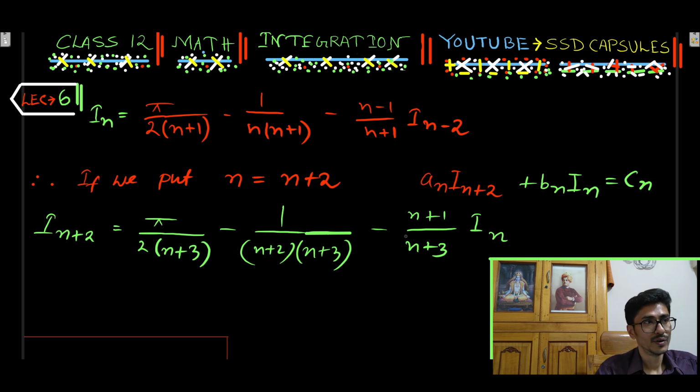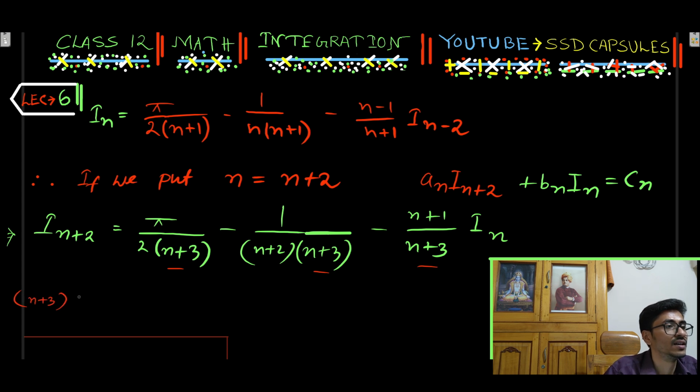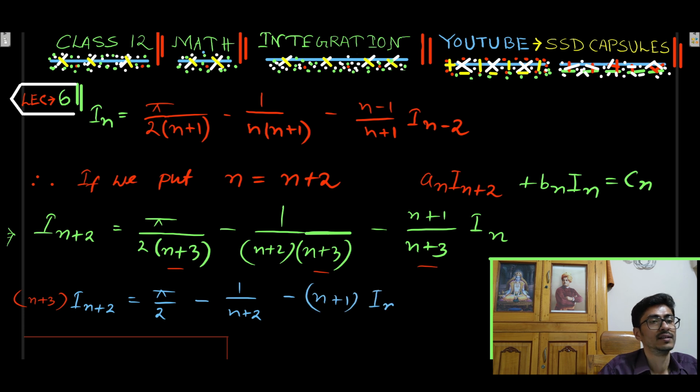So here we have in our hand this expression. If we multiply throughout by n plus 3, because in the right hand side each term has n plus 3 in the denominator, we get (n plus 3) I_(n plus 2) equals pi by 2 minus 1 by (n plus 2) minus (n plus 1) I_n.